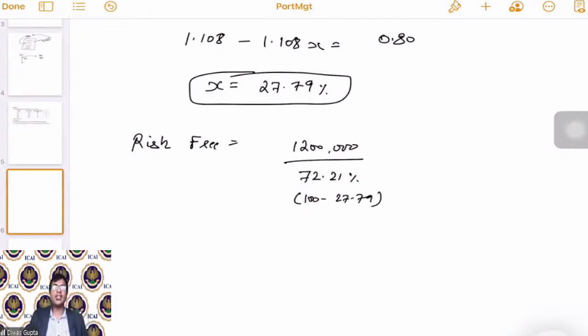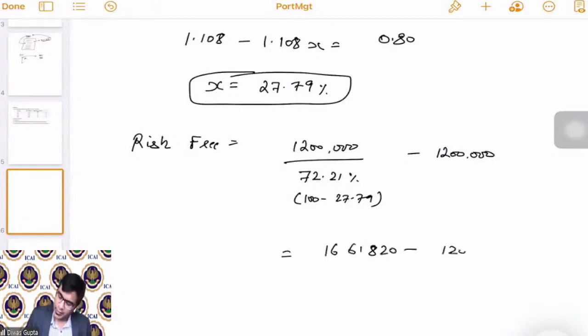So 12 lakhs we are equating towards 72.21 percentage of the total investment. Correct? Because 12 lakh is already he is having. So 16,61,820 minus 12 lakh is what the additional investment is required to be.